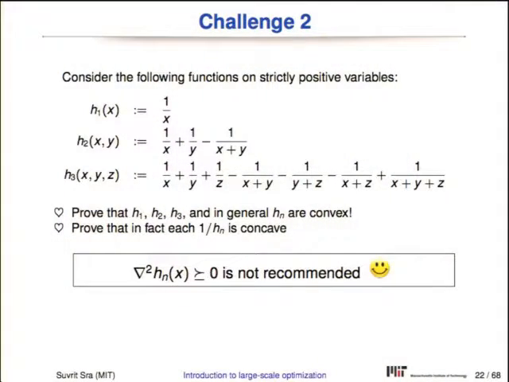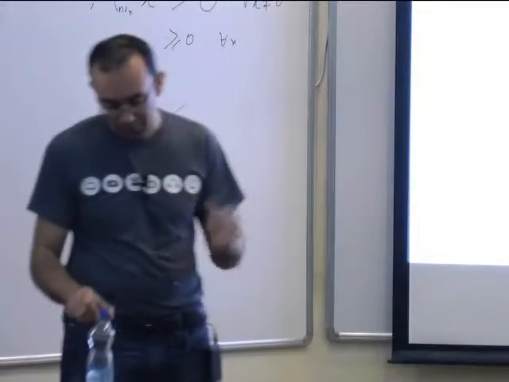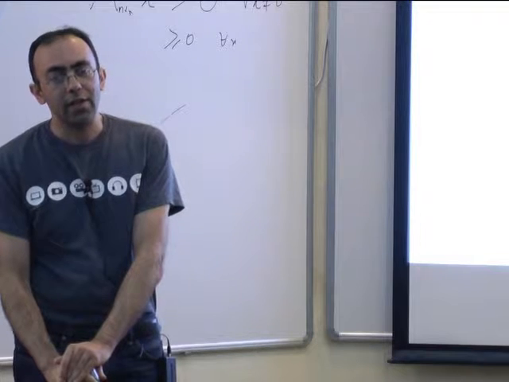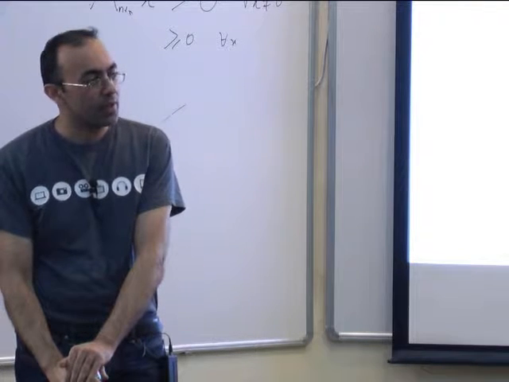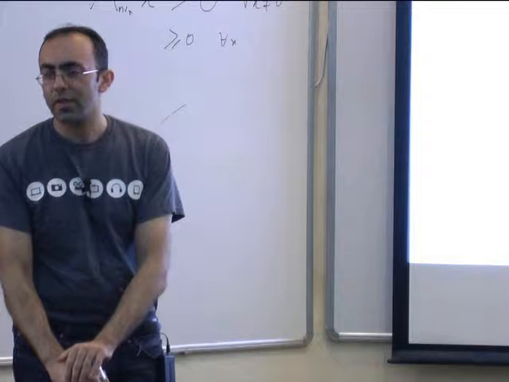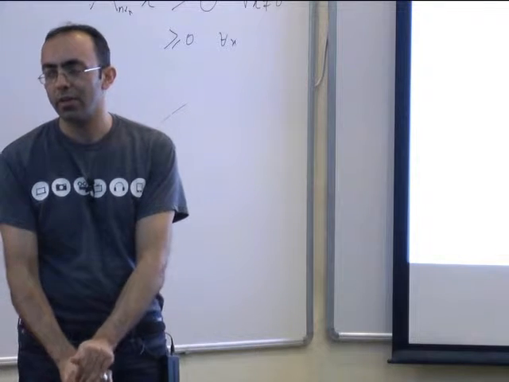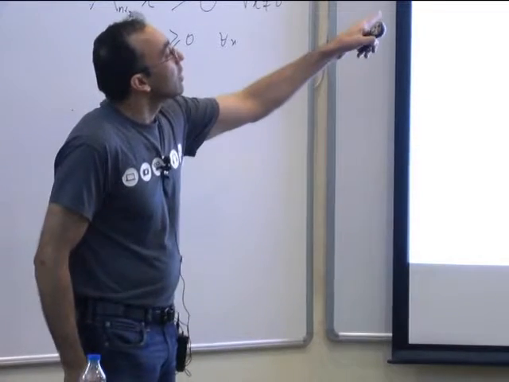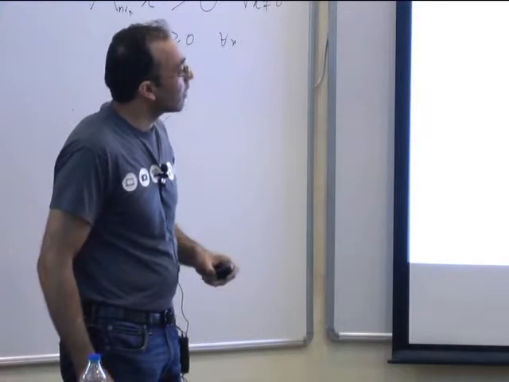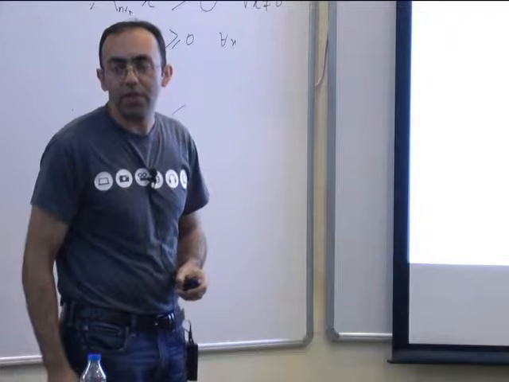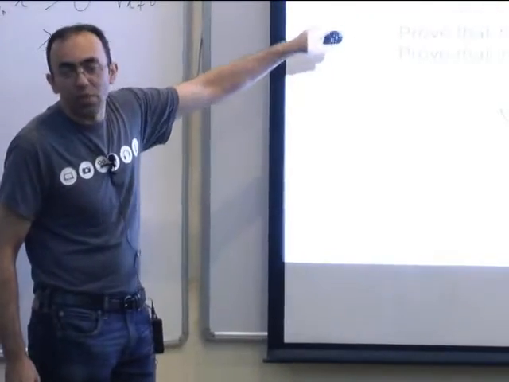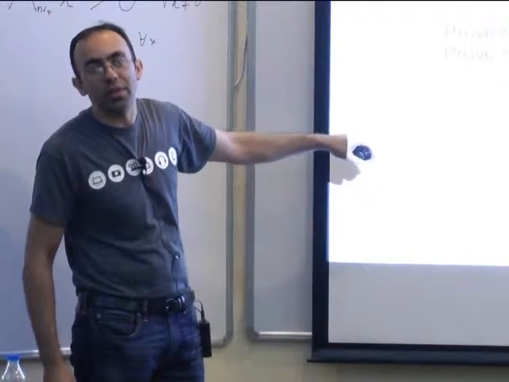Here is another. I cannot resist challenges in the beginning, but later on I'll have to actually talk about work. But this is again for those who like to exercise their convex analysis skills that you have seen here, a nice challenge exercise. X, Y, Z, etc. are all positive numbers, scalars, and you can generalize this by inclusion-exclusion to be a function of n variables.